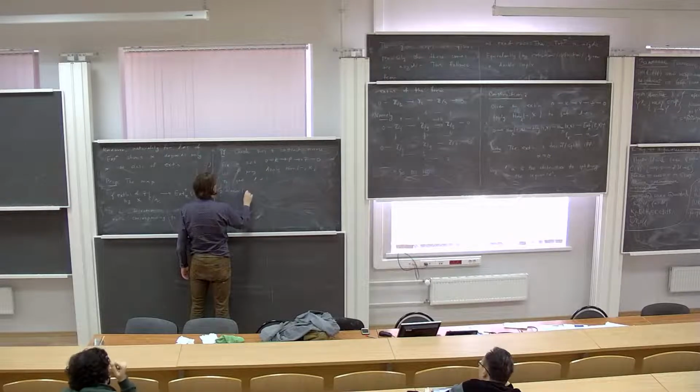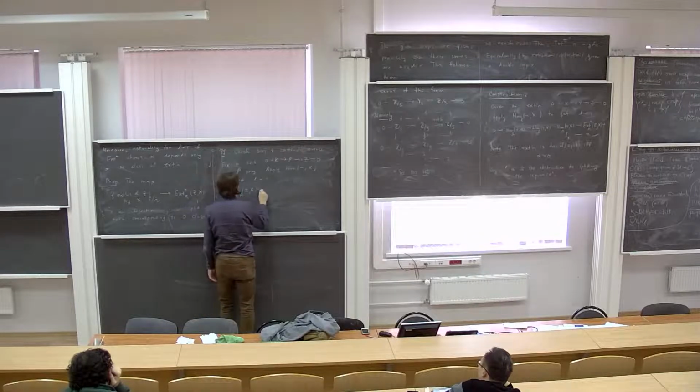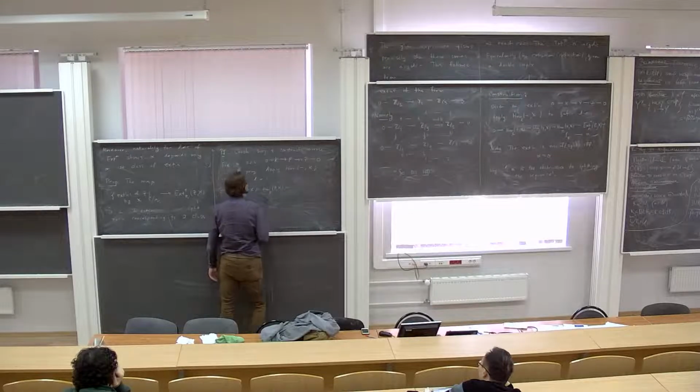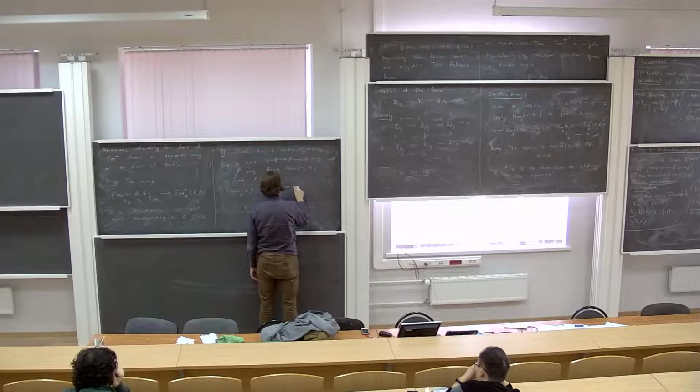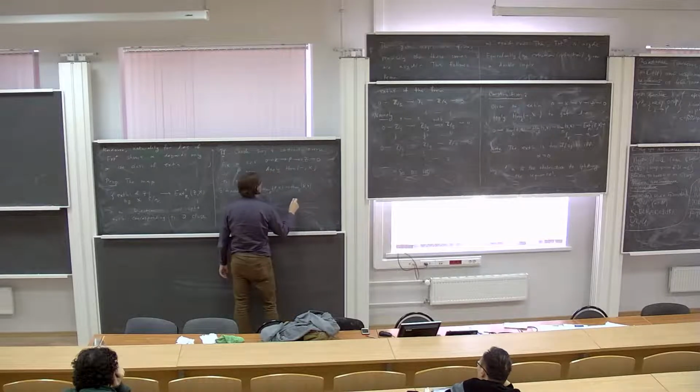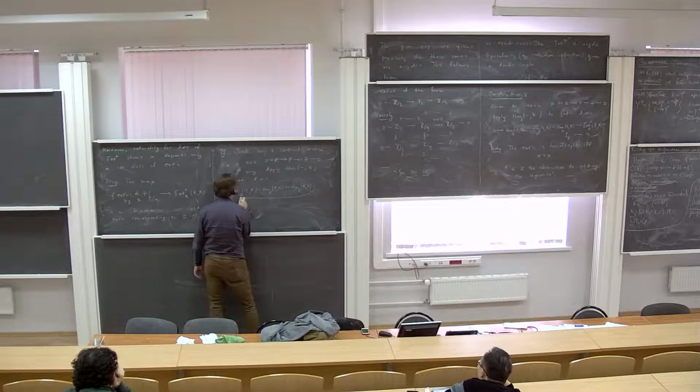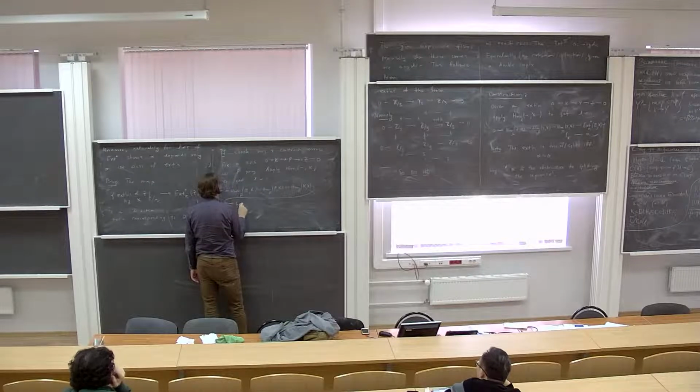Hom of Z into X. This is all over R. P into X. K into X. Next term is X1 of Z into X. That's what we're trying to understand.